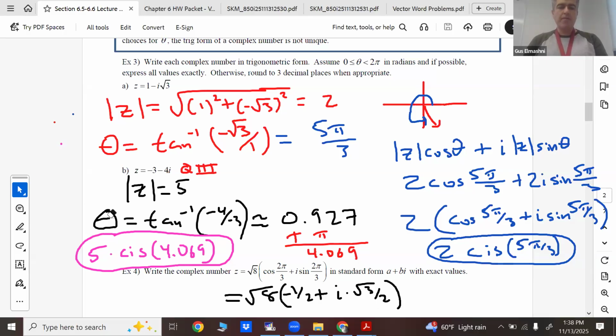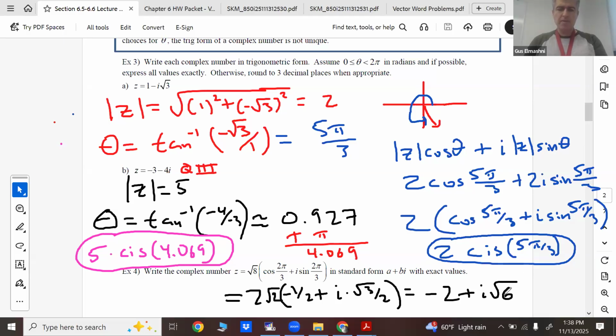And root 8, by the way, can we rewrite that? Yeah, that's smart. So that's -2 plus i root 6. Wait, hold on, did I make a mistake?